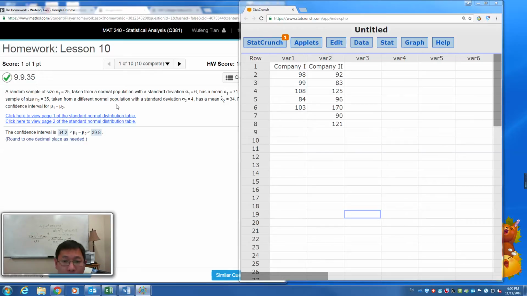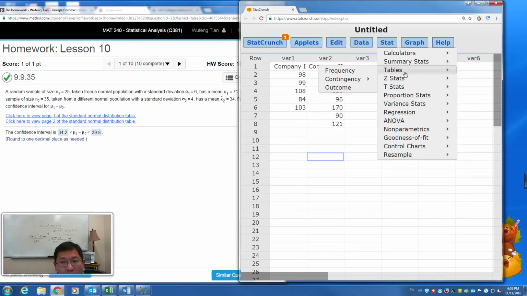Then you can use software, for example Excel or StatCrunch, to do the problem. It's very important that you understand why we do this, and when we're going to do this. Okay, so look at the first problem.